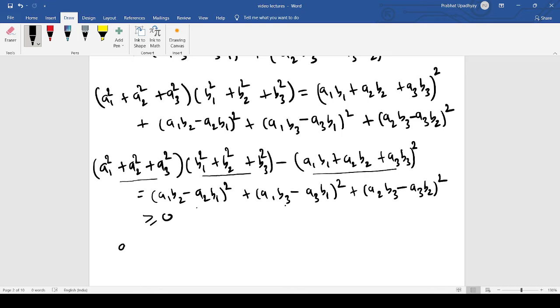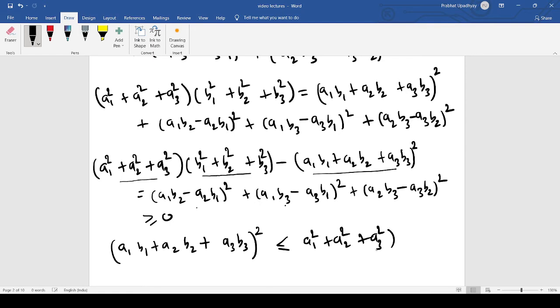That means you have got a1 b1 plus a2 b2 plus a3 b3 complete square is less equal a1 square plus a2 square plus a3 square multiplied with b1 square plus b2 square plus b3 square.